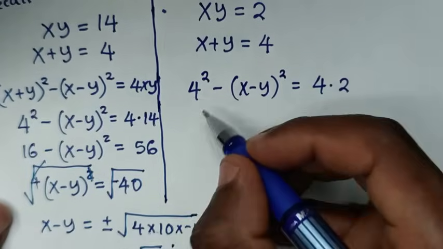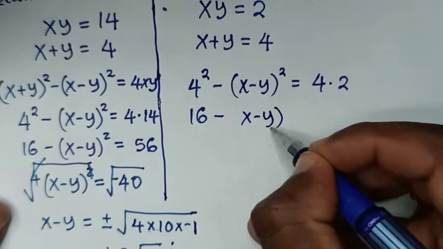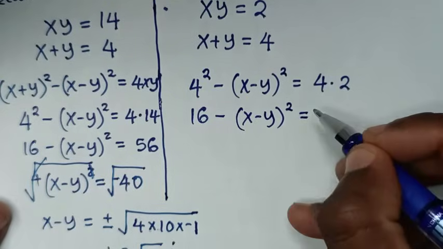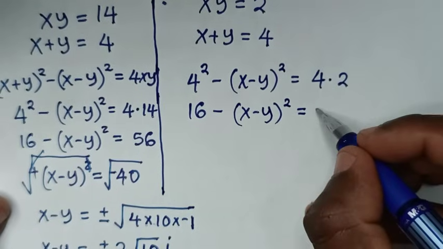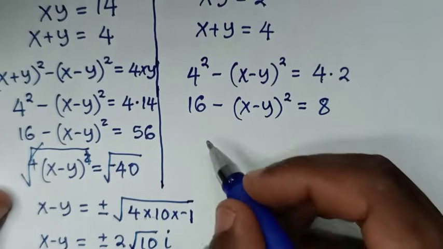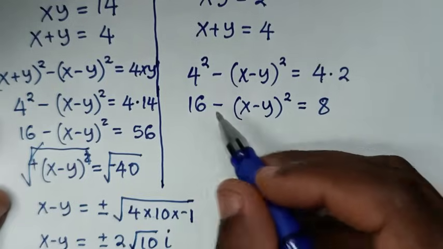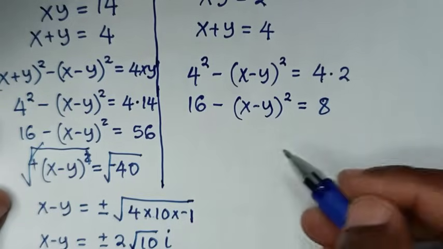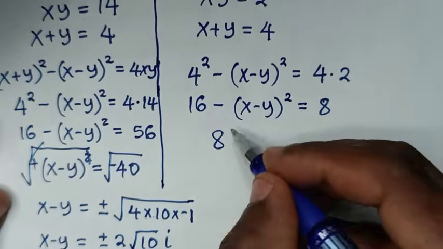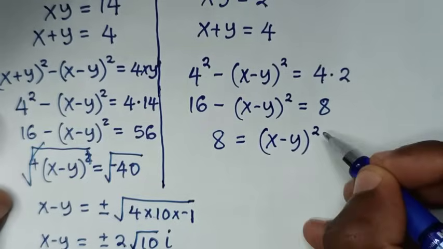Then 4 squared is 16 minus (x − y) squared is equal to 4 times 2 is 8. Then we take this to this side and this 8 to this side, so it will be 16 minus 8 is 8 is equal to, this will be positive, so it will be (x − y) squared.